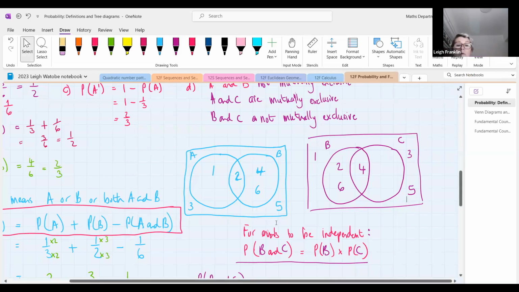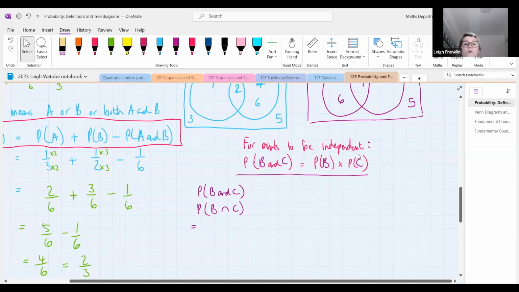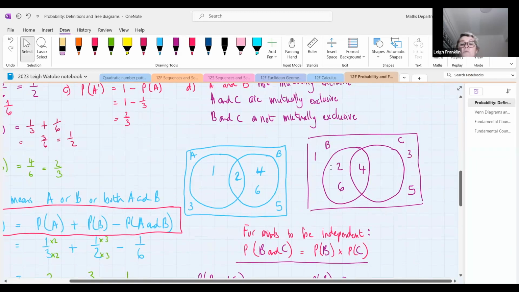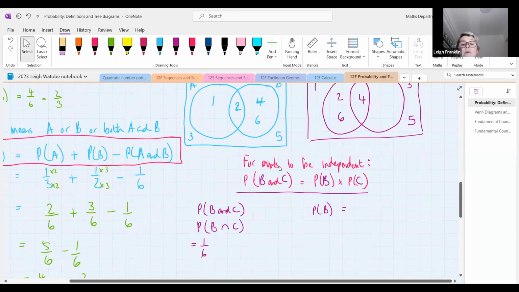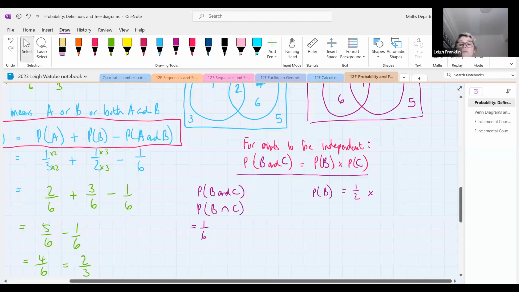So probability of B and C is your intersection. There's only one number there, it's the number 4. So that's why this is 1 in 6. The probability of B occurring is 1, 2, 3 and 6, we know that already, or a half. Times the probability of C occurring.